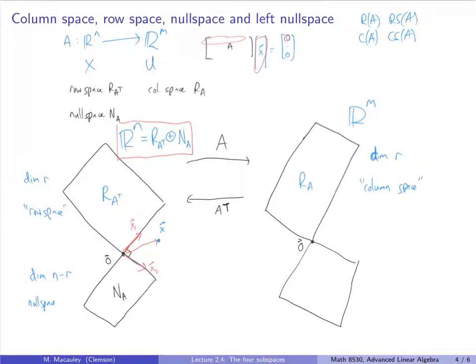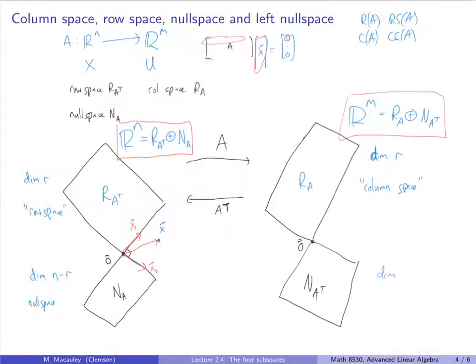So this is the null space of A transpose. And for the same reason why these things are orthogonal complements, so are these subspaces, because we just applied A transpose. So R^m is the direct sum of the range of A, the column space, with the left null space.